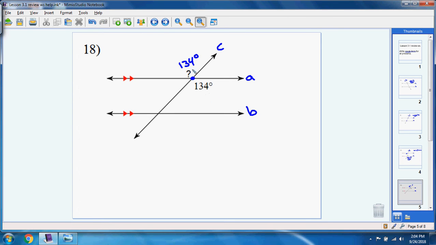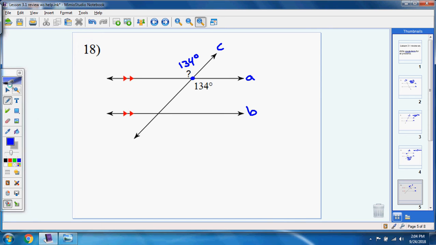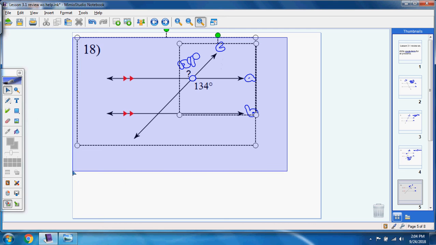Opposite angles are congruent. Because again, if you were to maybe group it and rotate it a little bit, opposite angles are congruent. And there's another word for that. Maybe you know what it is, but I just want to show you why it's opposite.